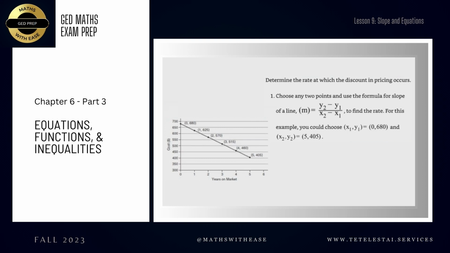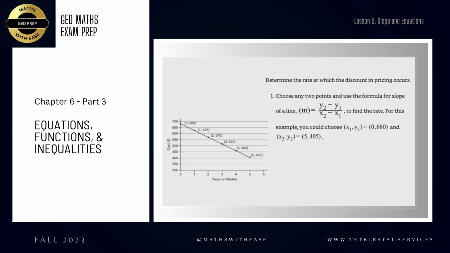So like you're at the butcher store, you're going to compare a certain value or the dollar amount that you feel like spending in terms of another measure, weight or the pounds of meat that you want to buy, for example. Okay, so here we're being told to determine the rate at which discount pricing occurs.